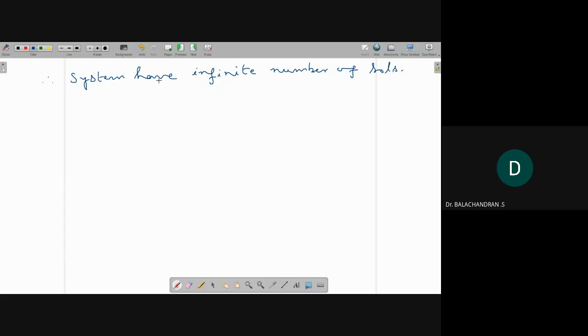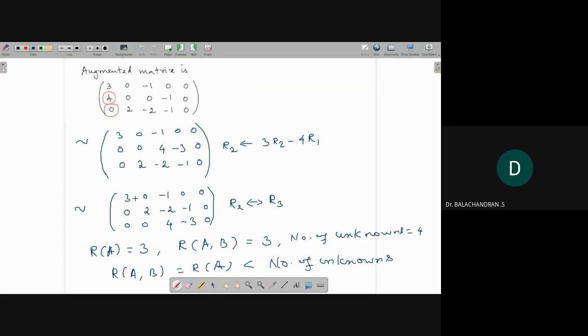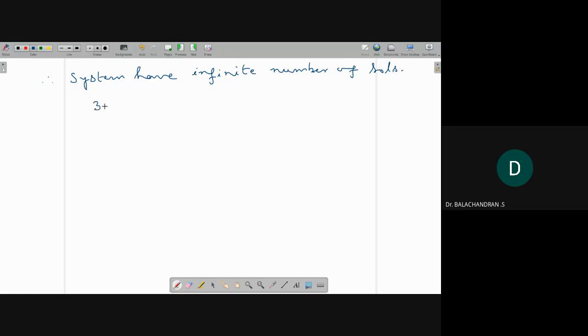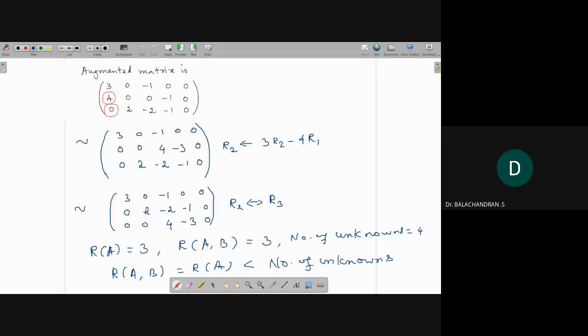So now please tell the first equation here. What is the first equation? 3x1 minus x3 equal to 0. From this matrix, 3x1 minus x3 equal to 0. Second equation, 2x2 minus 2x3 minus x4 is equal to 0.